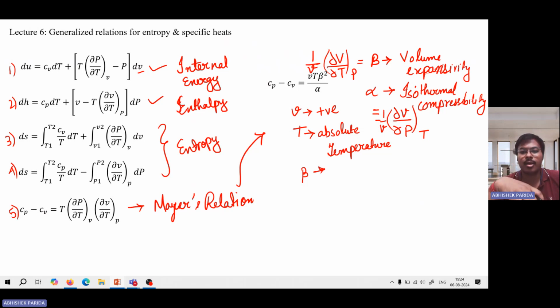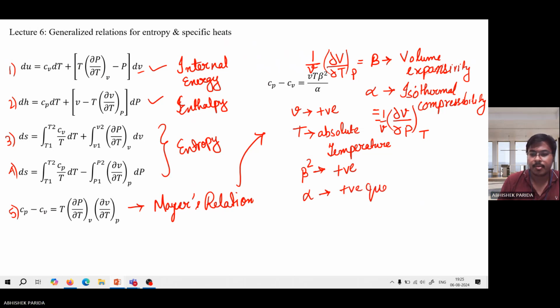Only in the case of water does increasing the temperature reduce the specific volume, but even then it is written as beta square, so beta square is positive. Then alpha is a positive quantity. So overall, Cp minus Cv is a positive quantity.